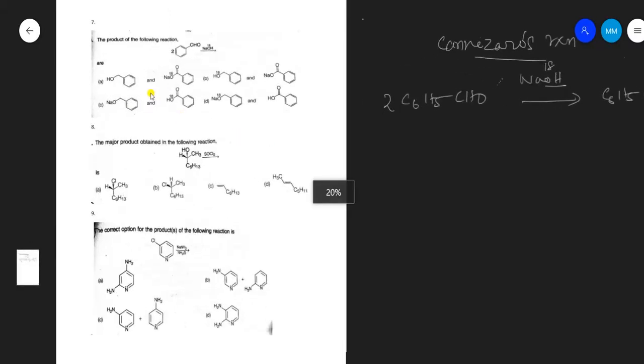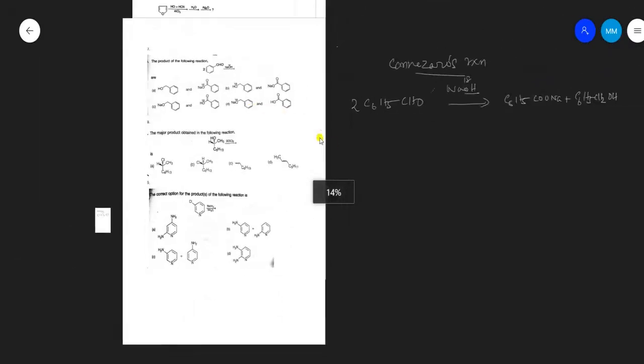In option A, the alcohol does not contain enriched oxygen, the acid contains enriched oxygen. In B, the alcohol contains enriched oxygen. In case of C, the acid contains enriched oxygen and the alcohol is in the ONa part, that is the alkoxide form. And in D, it is in the alkoxide form where the enriched oxygen is present.